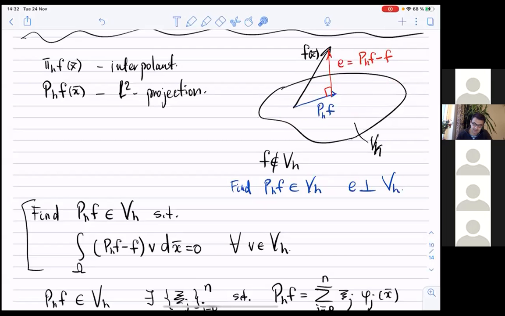Now let's say that we denote this function f instead by r of UH, and this one is minus Laplacian of UH minus f, something like this.